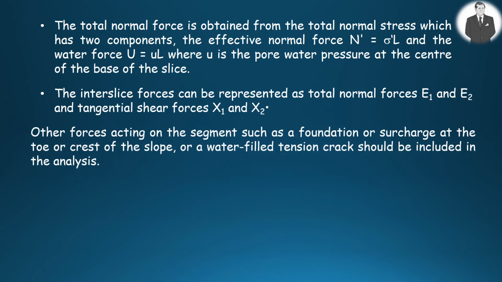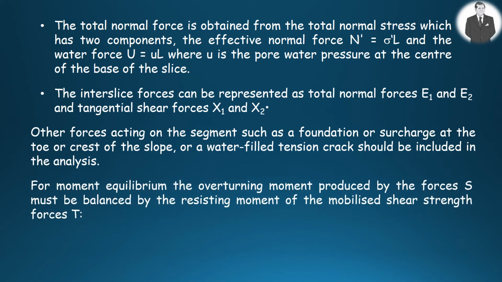Other forces on the segment, such as a foundation or any surcharge at the toe or crest of the slope, or a water-filled tension crack, ought to be included in the analysis.